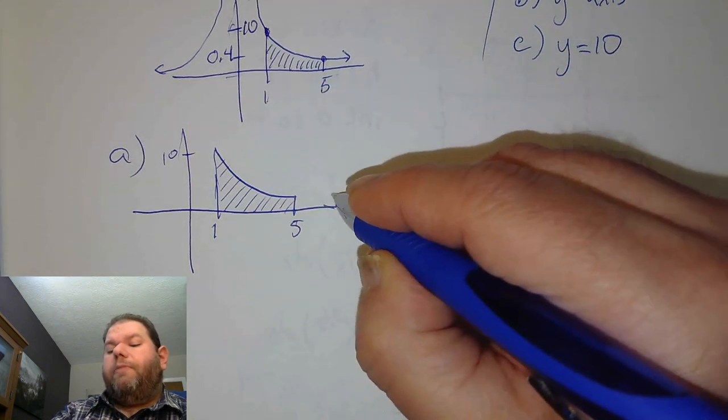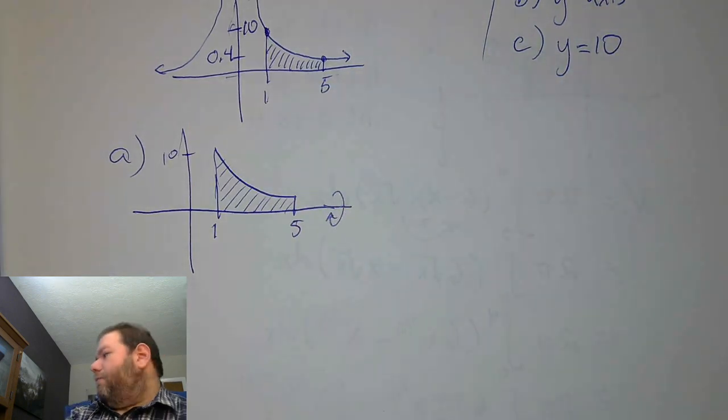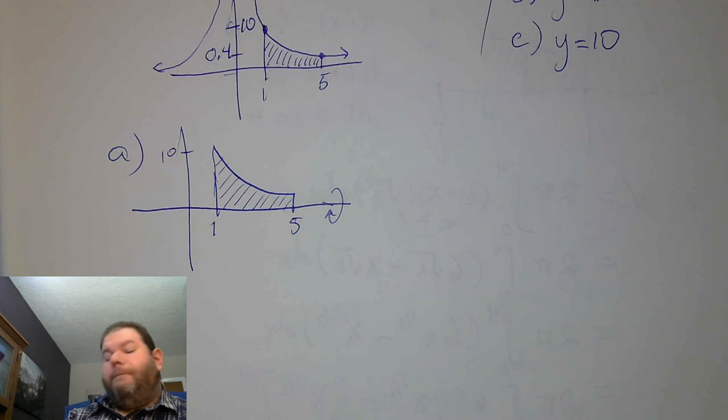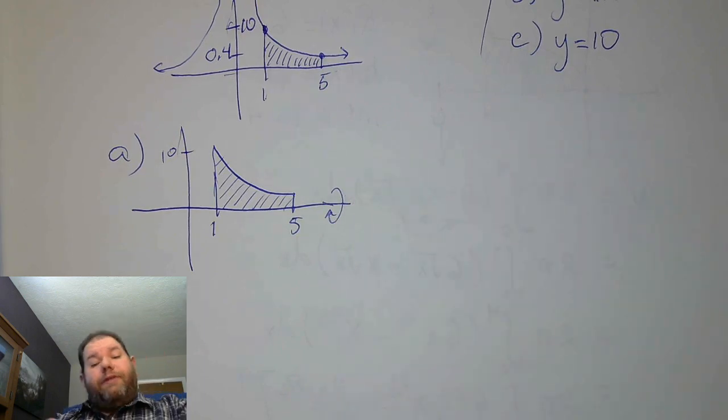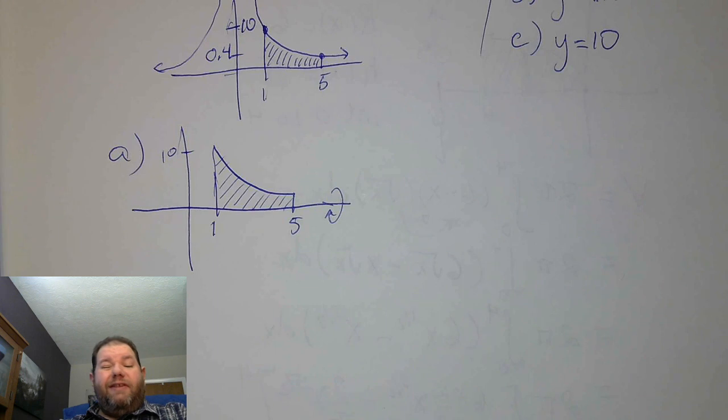And we want to go about the x-axis in part A. Now, let's think about the best choice as far as what we can do here. Because at this point, the book wants us to consider not just the shell method as a possibility, but also the disk and the washer method.